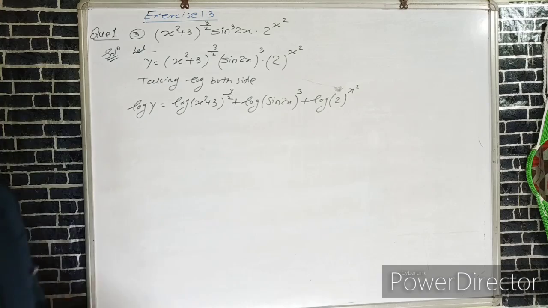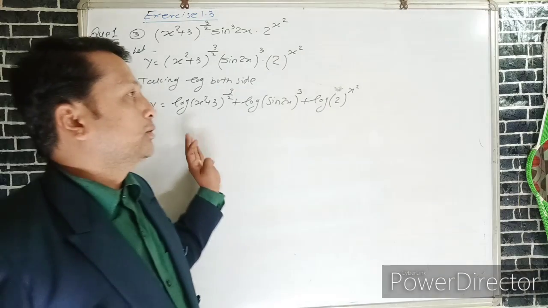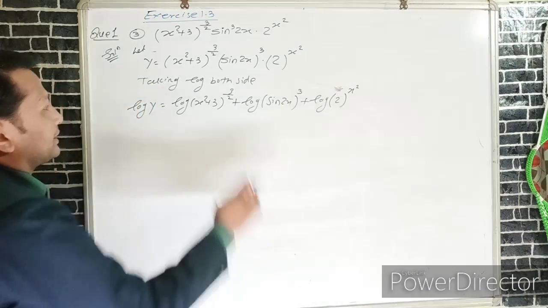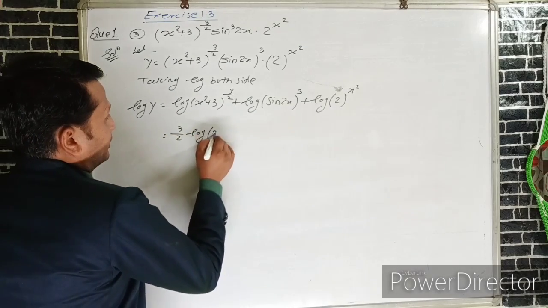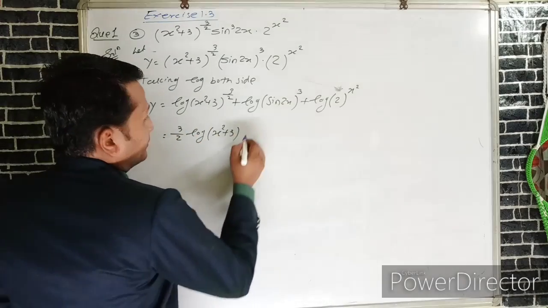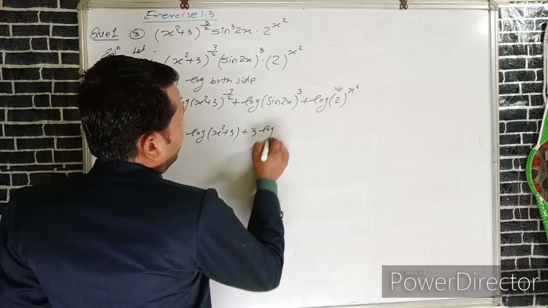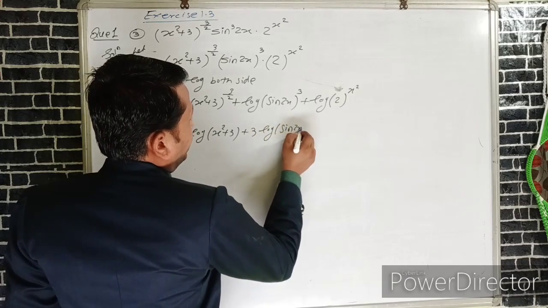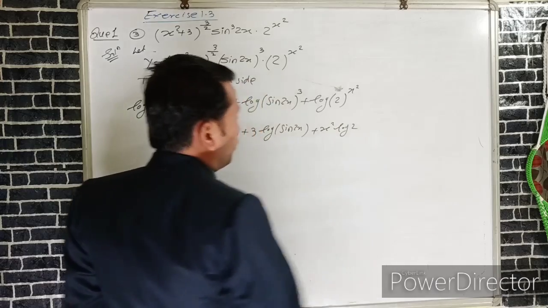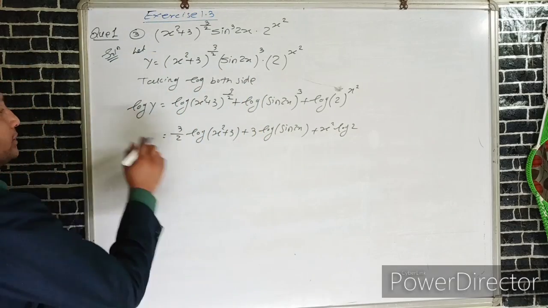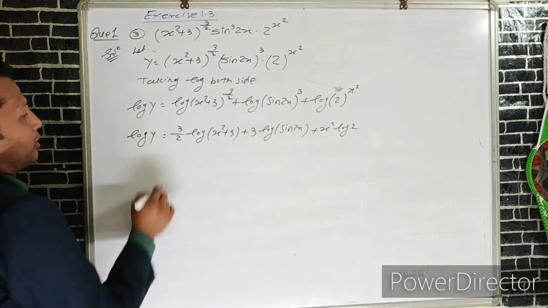Again we apply the rule of logarithm, which is log of m raised to the power n. Then we can write this function as 3 by 2 into log of x square plus 3 plus 3 into log of sine 2x plus x square into log of 2, which is the required function for log y.